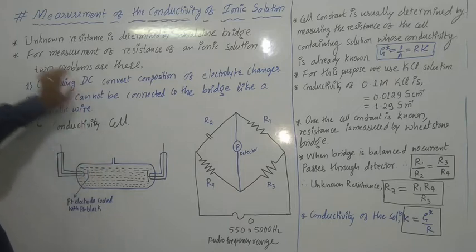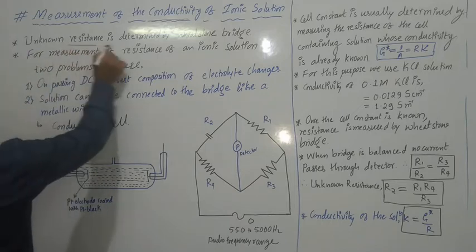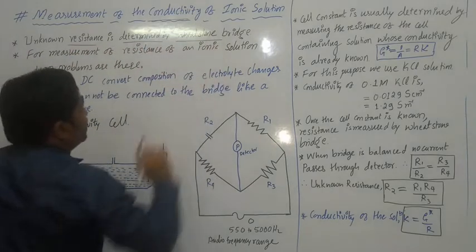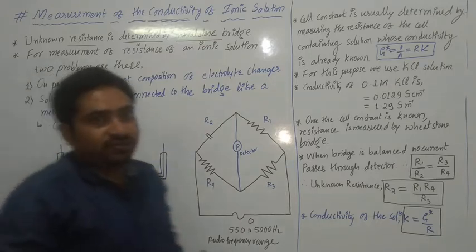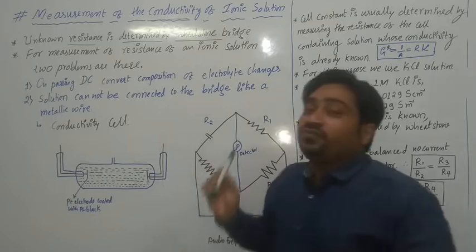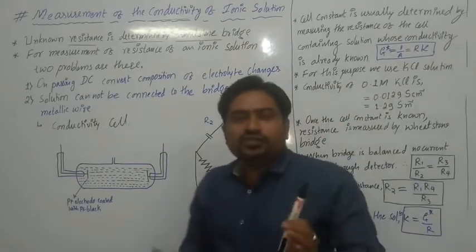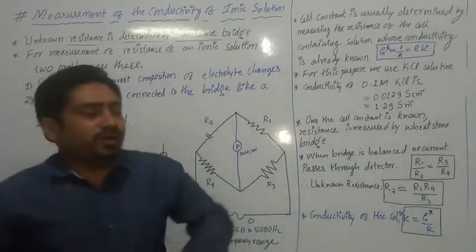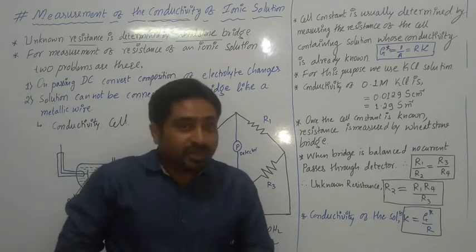And we know that an unknown resistance is determined by Wheatstone bridge. We have learned about the Wheatstone bridge in physics. So for which purpose do we use Wheatstone bridge? Do you remember?